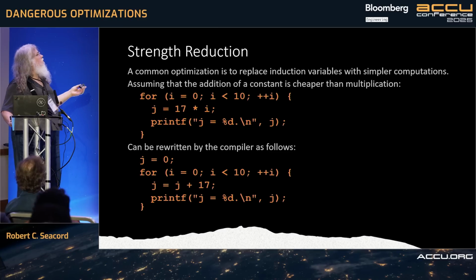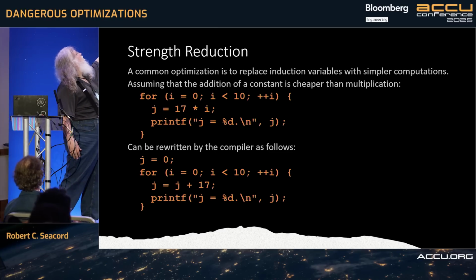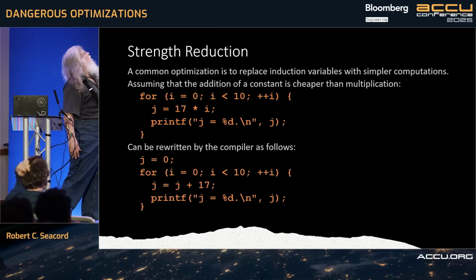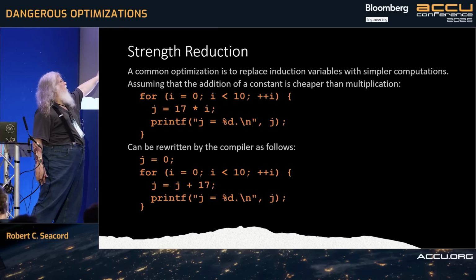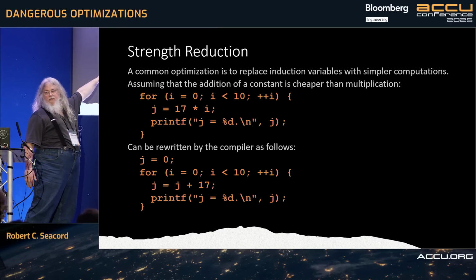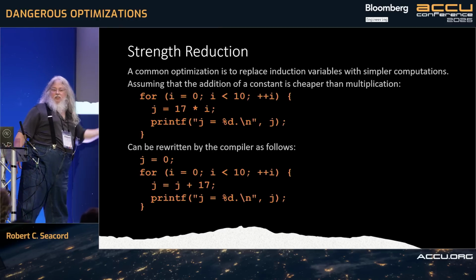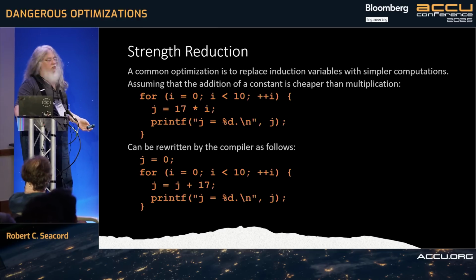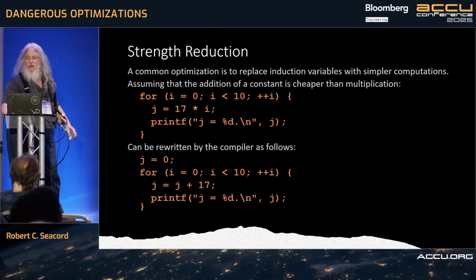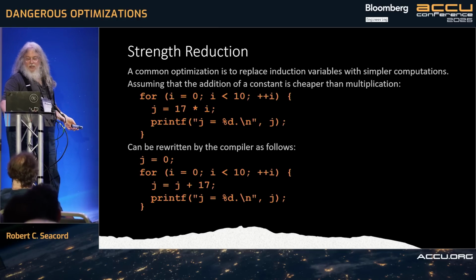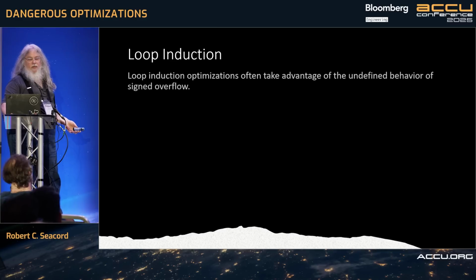Generally speaking, this code will always be faster just because we've got a cheaper operation using addition instead of multiplication. If that loop is executed quite a large number of times, then that could be a significant performance improvement.